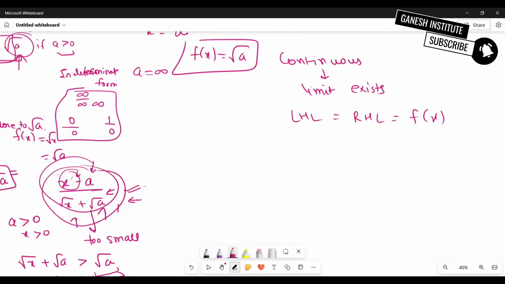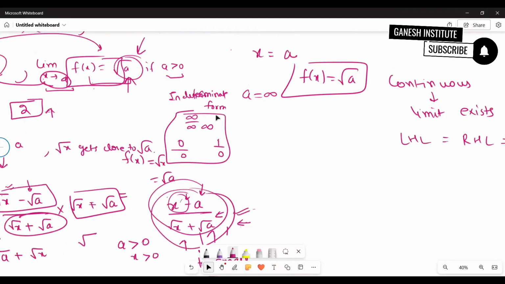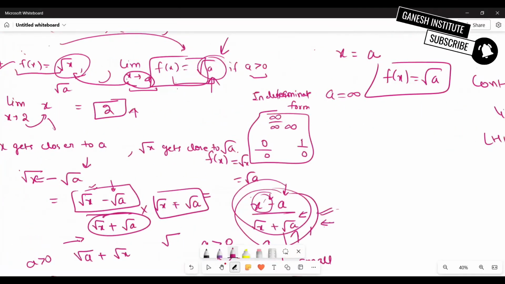So because this is a square root function which is continuous, the limit exists. And if the limit exists, we can simply substitute in the question, and I'll get the limit as root a. If this is a short answer form question, then you can do it this way also. Is this fine?